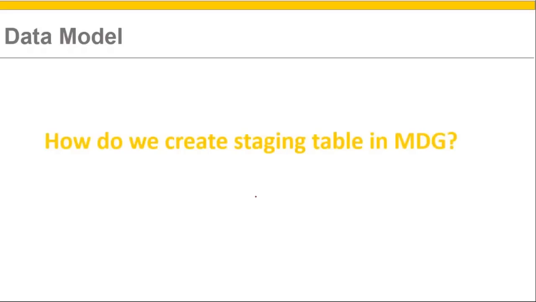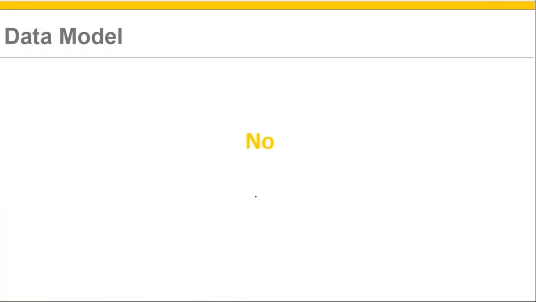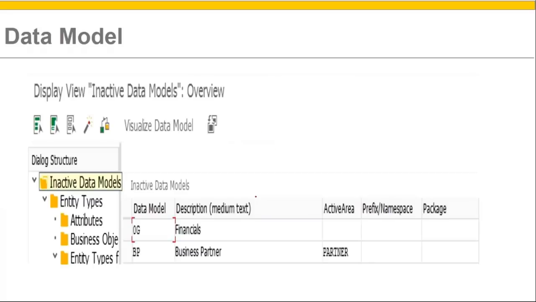Even though it's a transparent table, we don't use SE11 to create it. We go to the MDG data modeling node, and from there we maintain the data model, entities, attributes and the relationships between them, and activate the data model. That will generate the list of transparent tables.